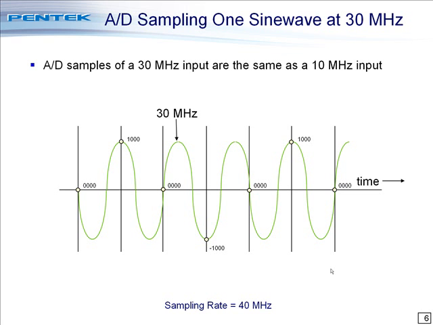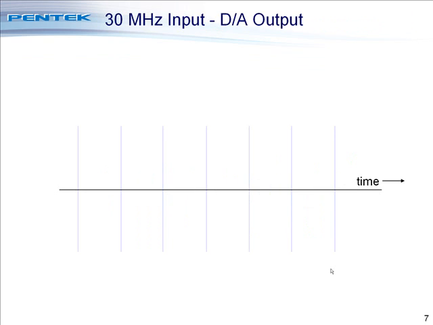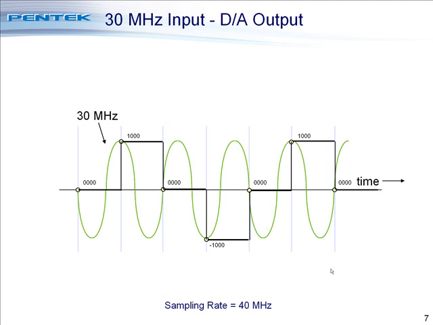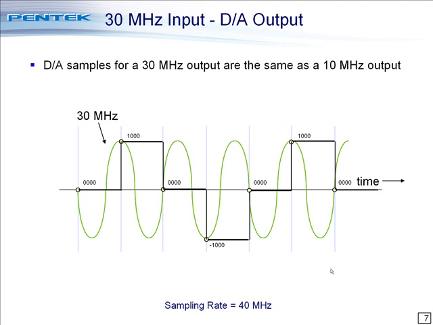In fact, these are the same samples that we got when we had a 10 megahertz input. So now you begin to see what's happening. In the case of the output, we are generating those same samples at the output, and in fact, the output signal does contain a 30 megahertz output waveform with the same samples as those for the 10 megahertz output.